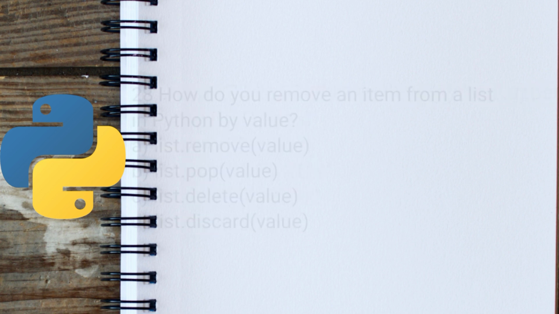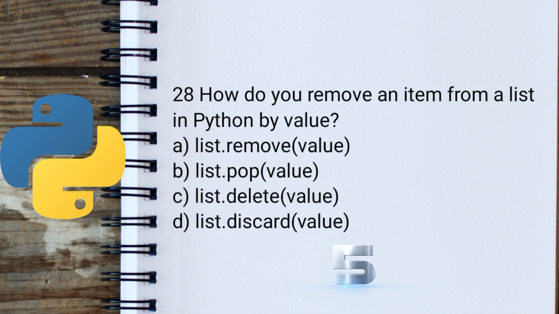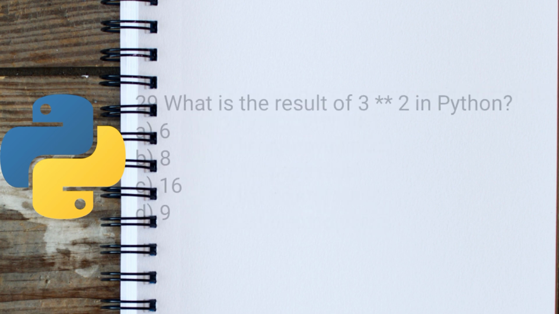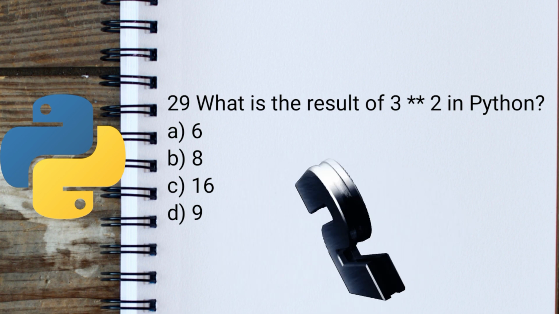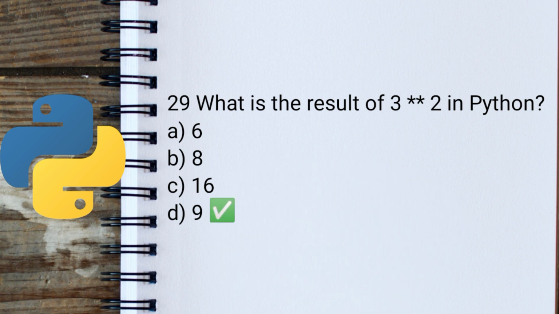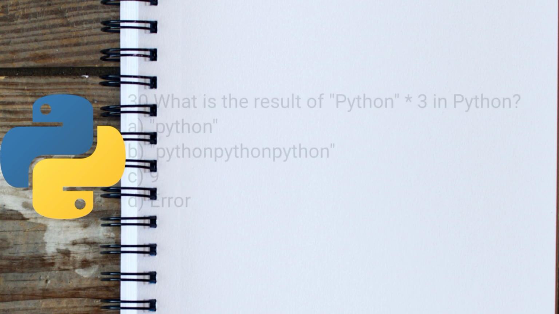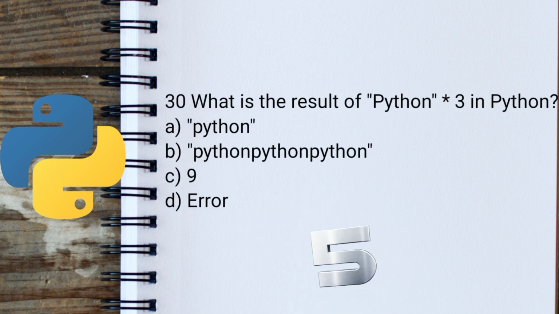Question number 28 is, how do you remove an item from a list in Python by value? Question number 29 is, what is the result of 3 ** 2 in Python? Question number 30 is, what is the result of "Python" * 3 in Python?